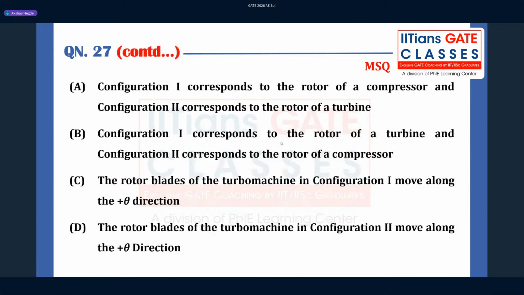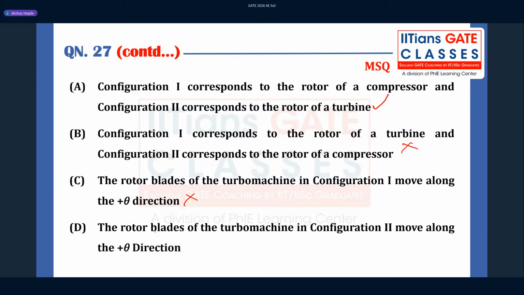Configuration 1 corresponds to the rotor of a compressor and configuration 2 corresponds to the rotor of a turbine. This we established, so this is true. If this is true, this cannot be true. They're exactly opposite statements. Then, the rotor blades of the turbo machine in configuration 1 move along the plus theta direction. We have seen that for the given condition, it is moving opposite to that given direction, so it is not true.